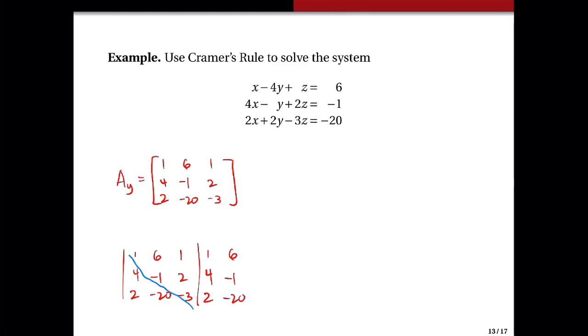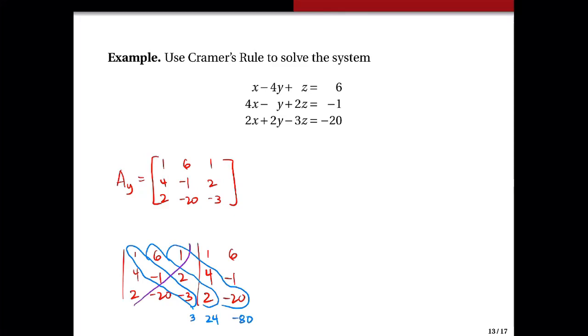So we do the multiplication now. And this will be positive 3 here. And then 6 times 2 times 2, that's 24. 1 times 4 times negative 20, that's minus 80.